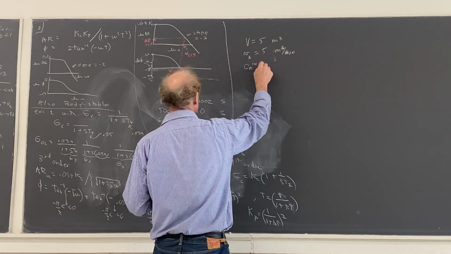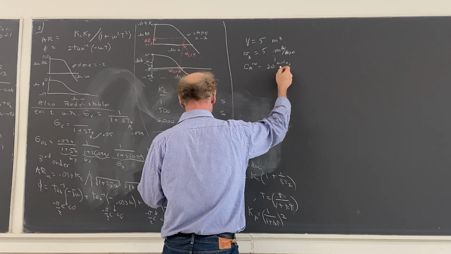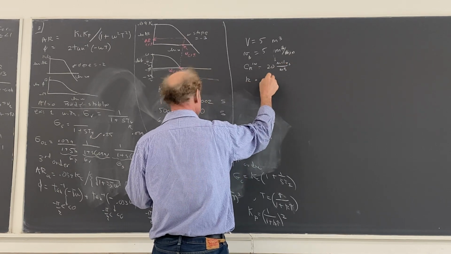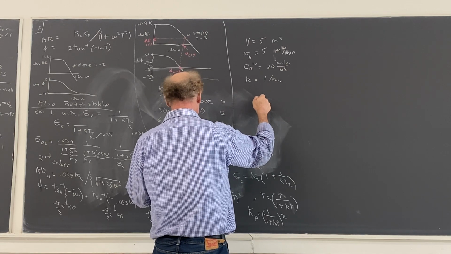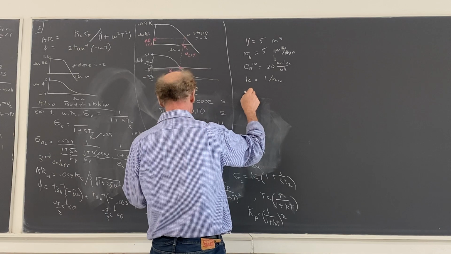CA in is 20 moles per meter cubed. K, the rate constant, is going to be 1 per minute. And the valve is 50% open.